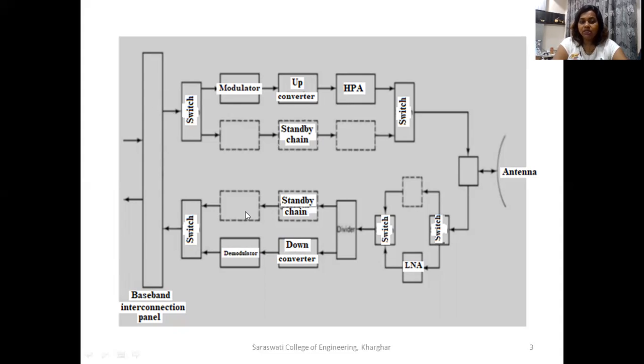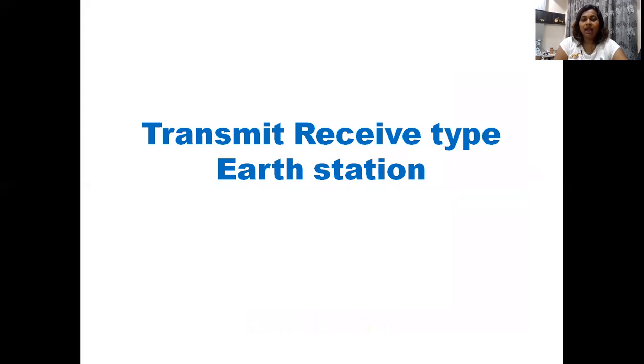Similarly, for the reception link also, redundant units are kept in case of failure of any one unit of the earth station. So this is the transmit and receive type earth station. Thank you.